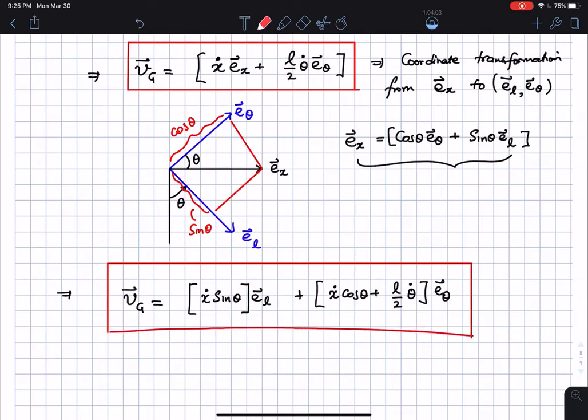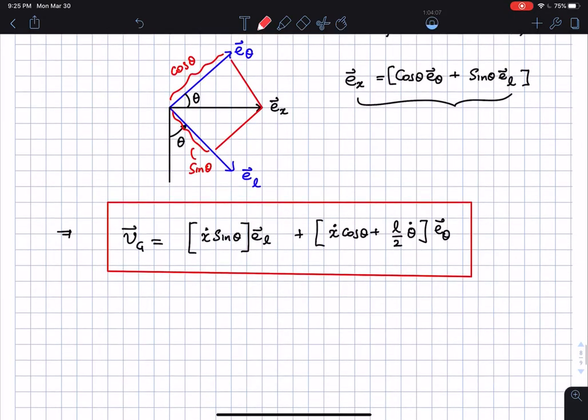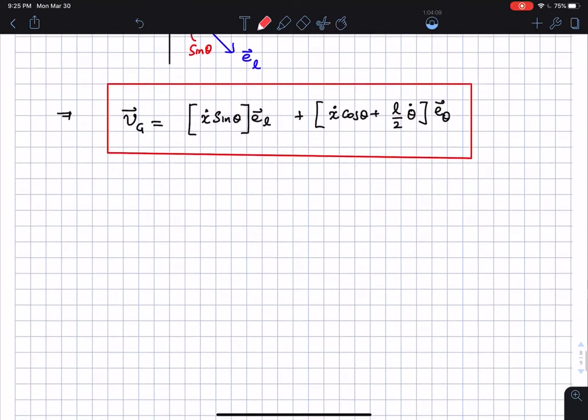And for the kinetic energy, I'm going to take some shortcuts for this particular problem by saying the following. Okay, so kinetic energy is T of the cart plus T of the pendulum, right? Now T of the cart is easy. This is going to be half m v squared, which is the velocity of the center of the cart, and the mass of the cart, mc.